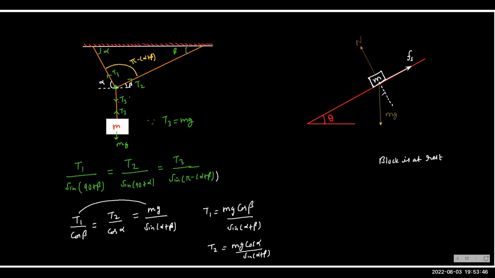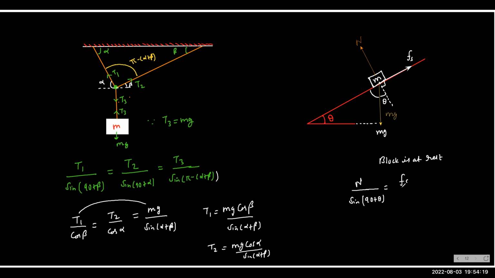If this is theta, this will be theta. You can check: theta, 90 minus theta, then theta, right? And this is 90. So what does Lami's theorem say? N upon sine of what angle? The angle between F and mg. So that will be 90 plus theta. Very good.